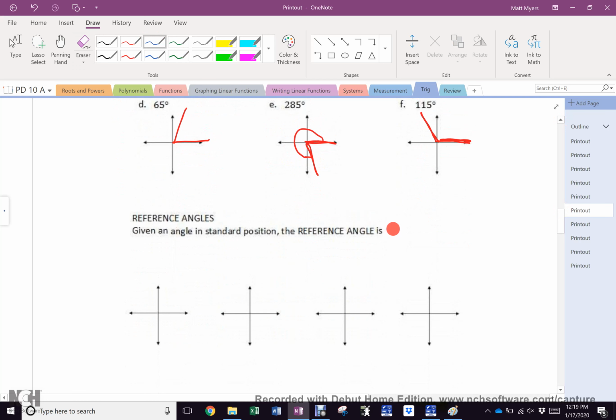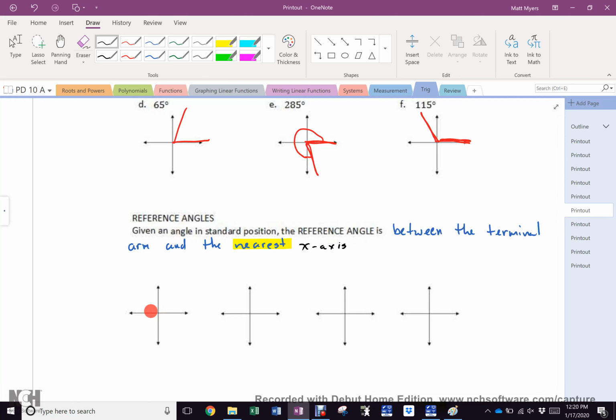The reference angle is between the terminal arm and the nearest, please underline or highlight nearest, x-axis. Everybody cool? All right.